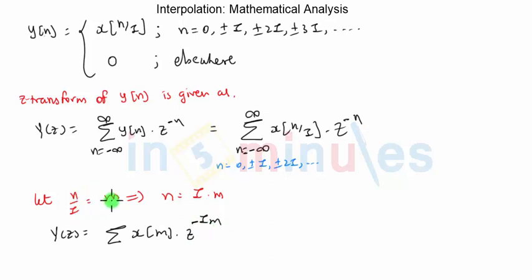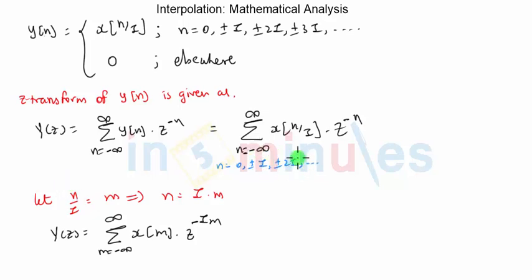When I replace n by I with m, you can see that when n is minus infinity, m will also be minus infinity. And when n is plus infinity, infinity by I will also be plus infinity. Moreover, when n is taking the value of plus minus I, m will be plus minus I by I, that will be plus minus 1.